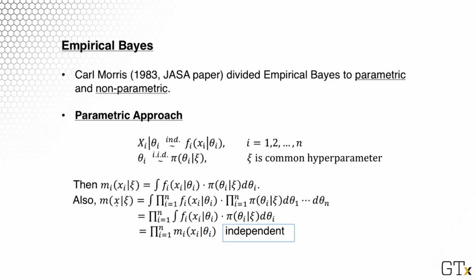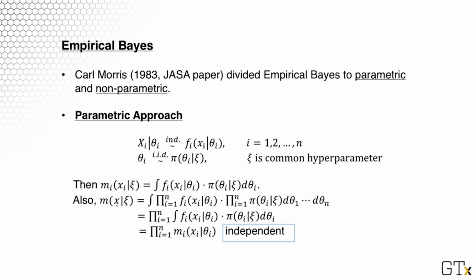Well, the product and integral in this case can exchange places because the product separates the variables, and it is equal to the product of the integrals. And we recognize that the integral under the product is essentially the particular marginal m_i for the ith case.